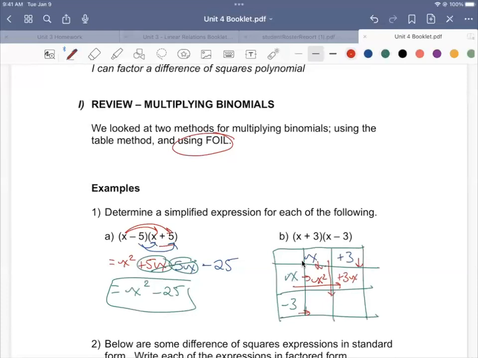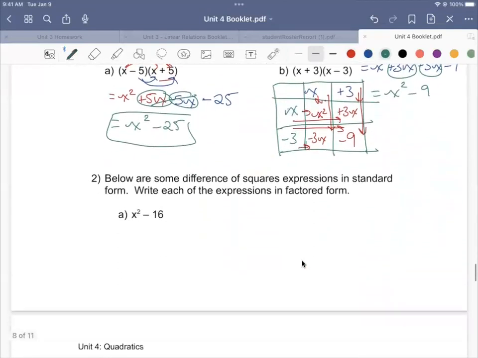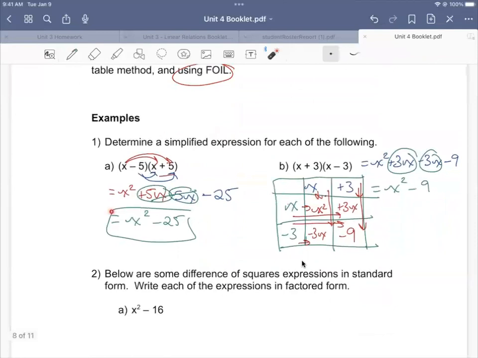X times negative 3 is going to give me negative 3x. And negative 3 times positive 3 is going to give me negative 9. If I write these out, I will get x squared plus 3x minus 3x minus 9. If I simplify these terms down, I will get x squared minus 9 because positive 3x minus 3x is 0x. This form is what we call a difference of squares.